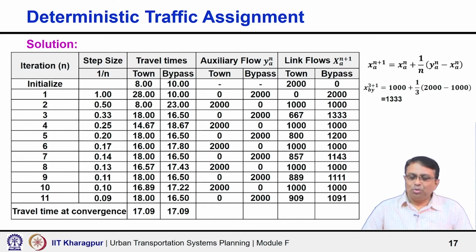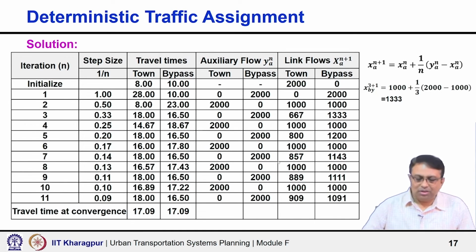So 1/2 times y^n, which is how much here? 2000 minus x_a^n, 1000. So you get then how much?